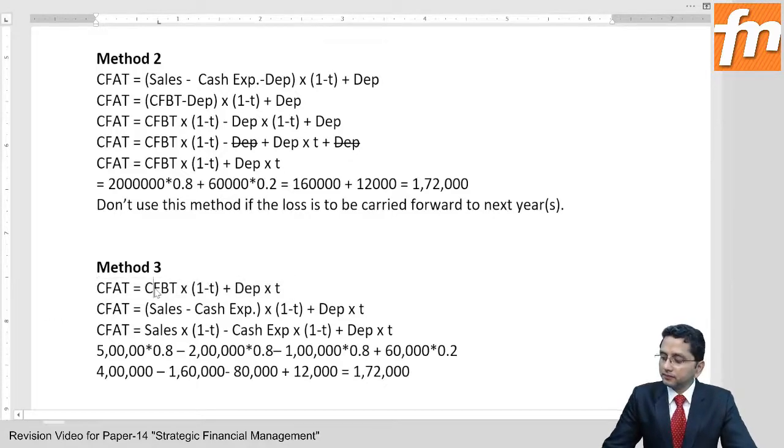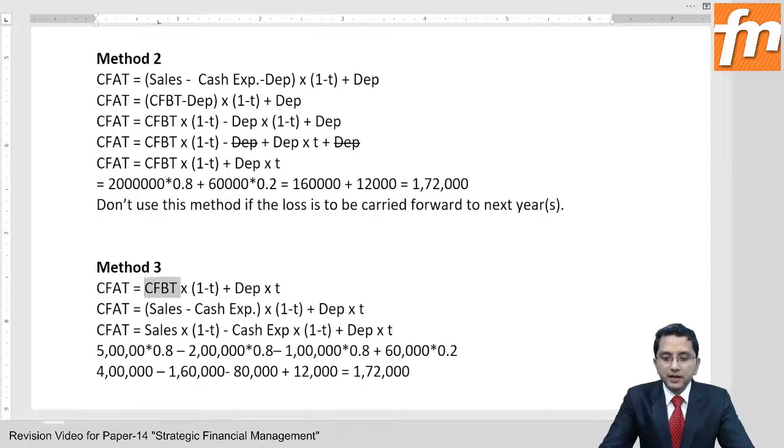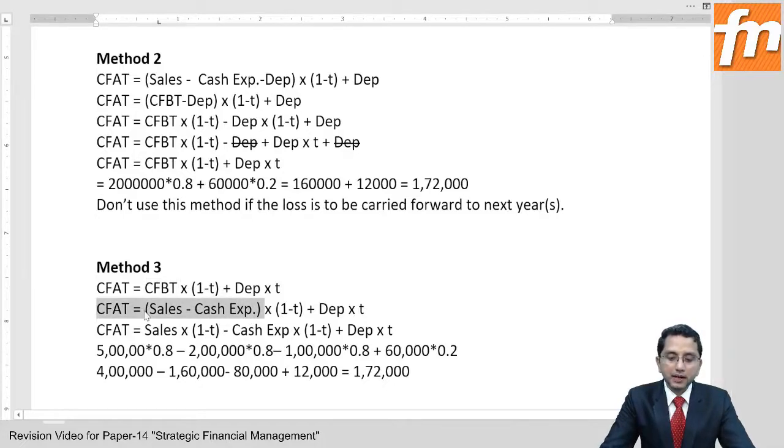In this method, if I replace CFBT by sales minus cash expenses, and then I open this bracket, it will become sales into 1 minus tax rate minus cash expenses into 1 minus tax rate. In fact, cash expenses can also be broken down.